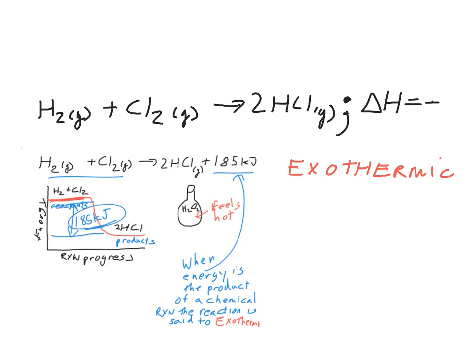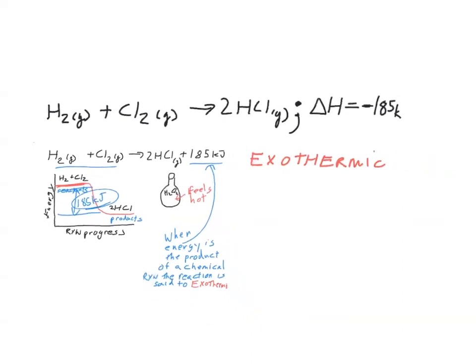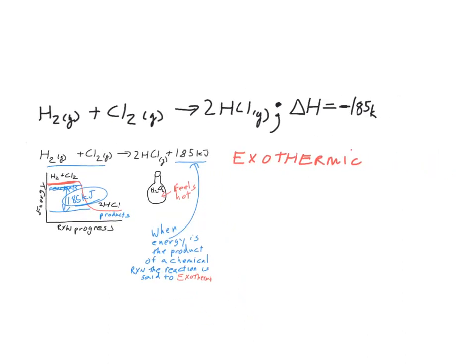Then you're going to write a negative. Why? Because we lost internal energy. Our chemicals themselves lost internal energy. So you write delta H equals a negative 185.